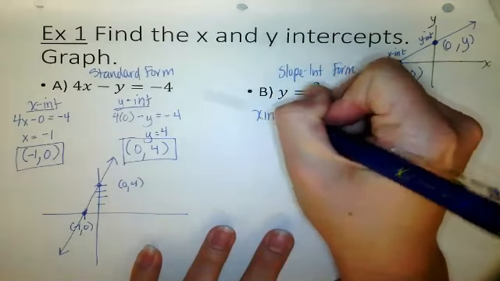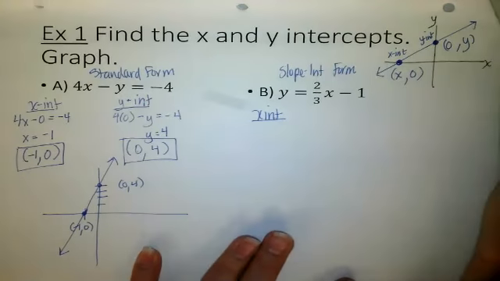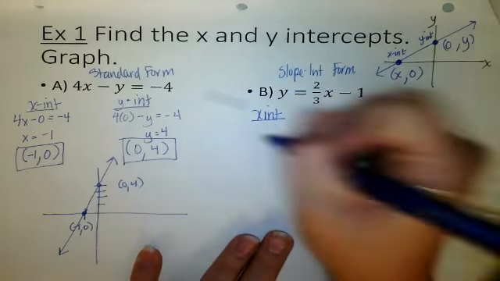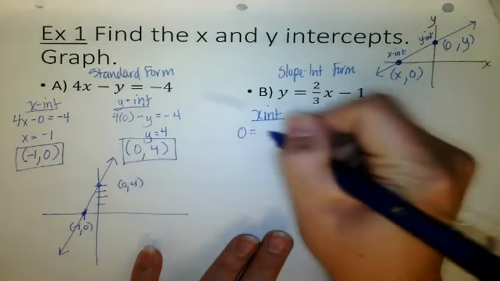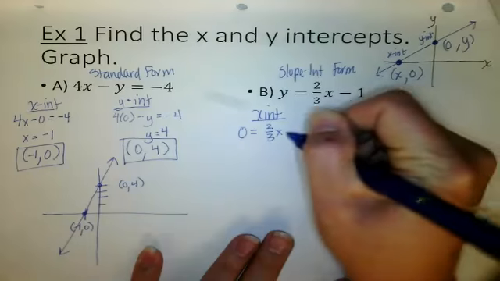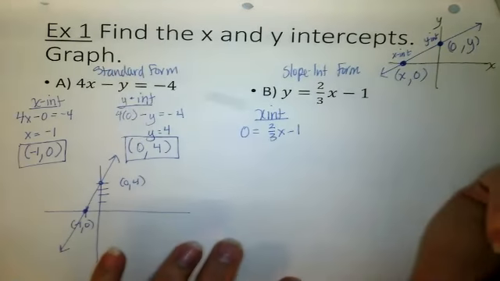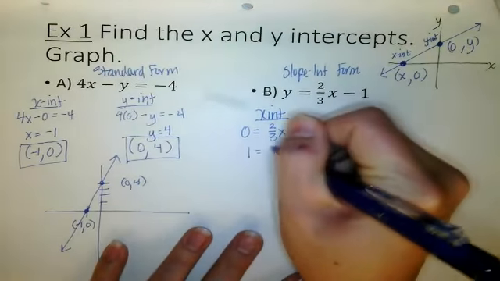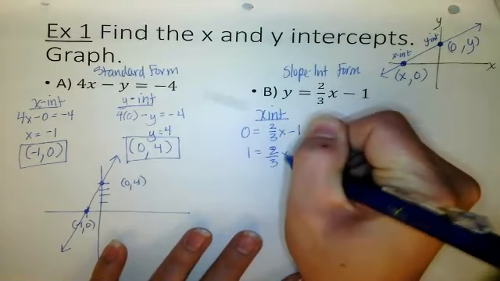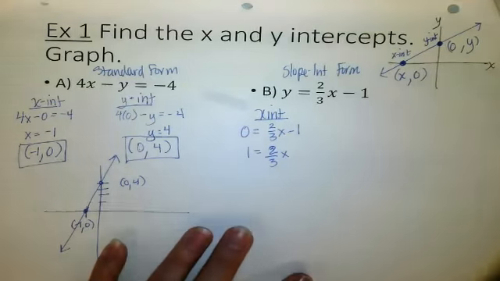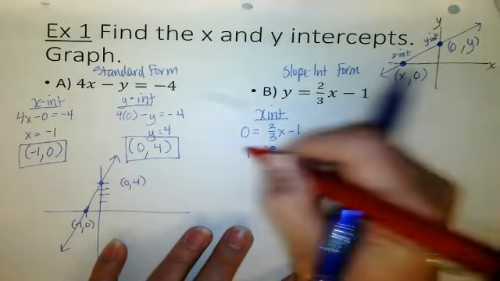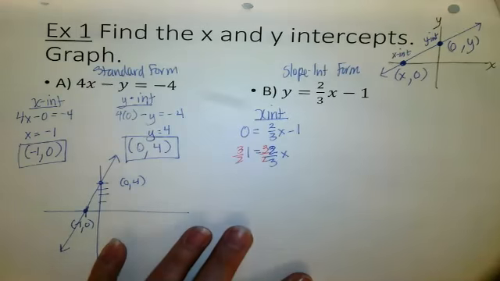For the x-intercept, how do I find an x-intercept? Set y equal to 0. Now we need to solve for x, which means I need to do what? Add 1, 2/3 x, and then multiply by the reciprocal, 3 over 2.